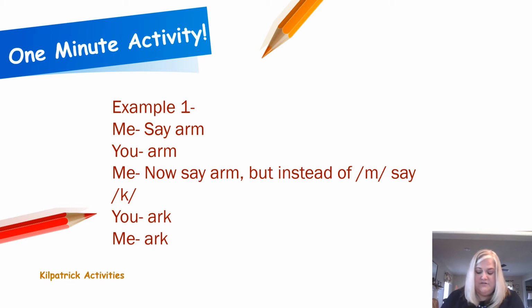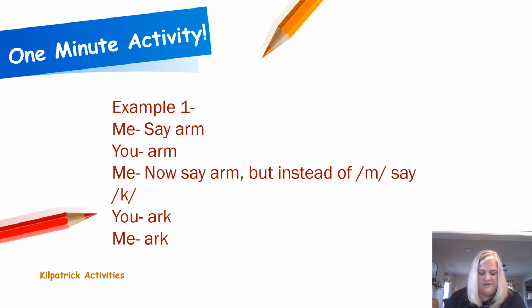Seat. Good job. Say mop. Now say mop, but instead of p, say m. Mom. Way to go. Say 6. Now say 6, but instead of x, say t. Sit. Great. Say jug. Now say jug, but instead of g, say j.